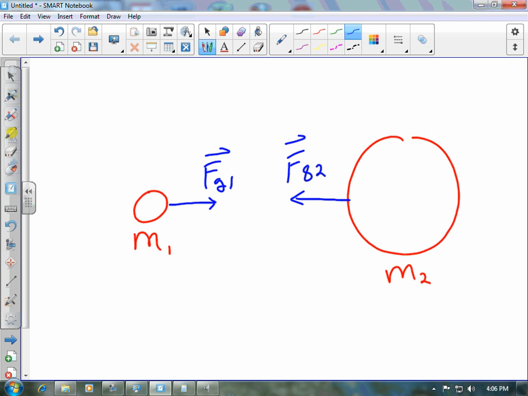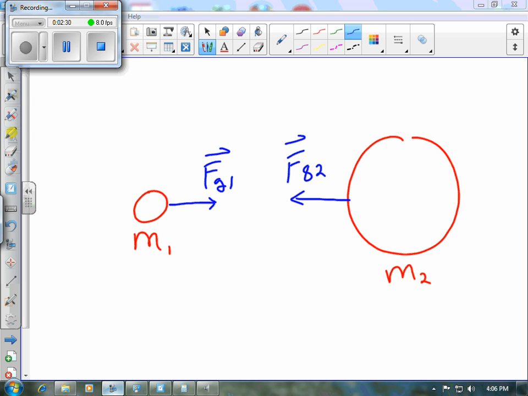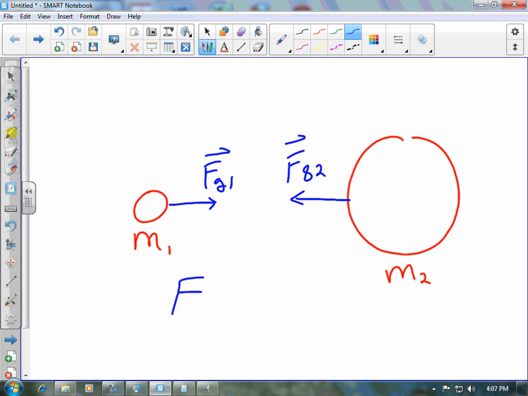The equation that determines the size of that force, and please write this in your notes, is: the force due to gravity equals G, which is a constant that never changes, we think, times M1 times M2, divided by the distance between the two objects squared.